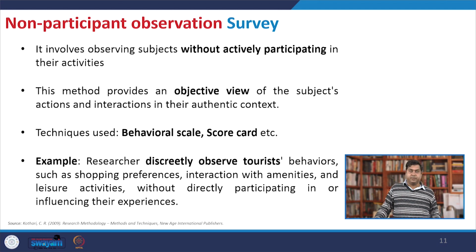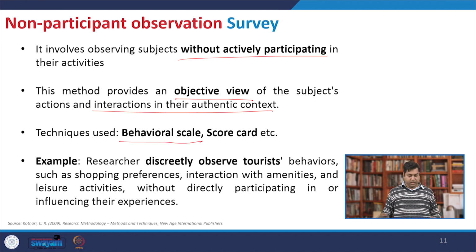Non-participant observation survey involves observing subjects without actively participating in their activities. This method provides an objective view of the subject's actions and interactions in their authentic context. It may use a scorecard or behavioral scale.